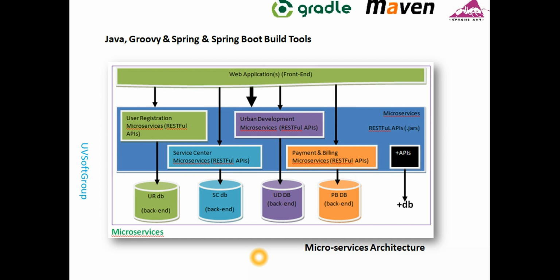Nowadays there is a technology change. We are in the microservice world, and we need to deploy or pack our application as a standalone jar file, or executable jar files, or you can say self-contained jar files.